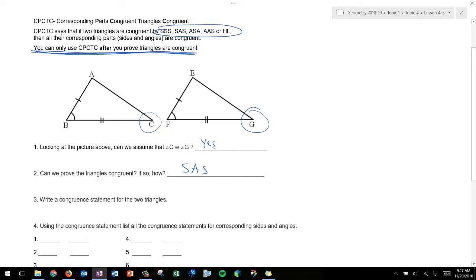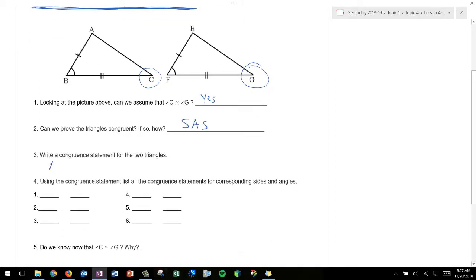So once we know that that's true, we can say that triangle ABC is congruent to triangle EFG, and then we get to writing the congruence statement. That's where we talk about all the congruent parts in each triangle. So for instance, AB is congruent to EF, and BC is congruent to FG, and AC is congruent to EG.